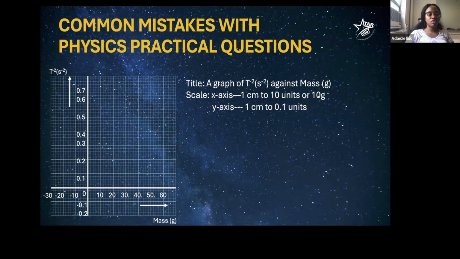Now, like I said, this may not be a good representation. So maybe we should increase our scaling. So instead of 1 cm representing 0.1, we can decide to say 2 cm represents 0.1. That way we can spread out a little bit.